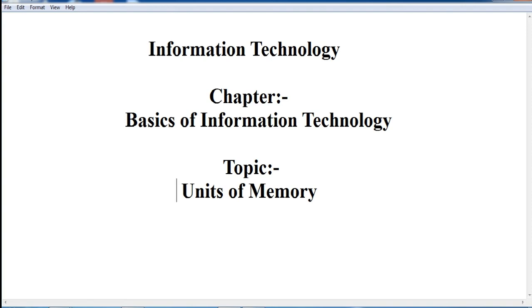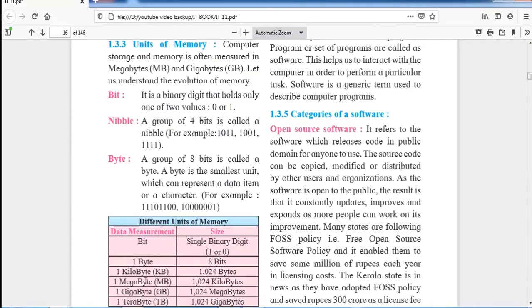Now the units of memory. Computer storage and memory is often measured in megabytes and gigabytes. Let us understand the evolution of memory. First you need to understand what a bit is. It is a binary digit that holds only one of two values, either 0 or 1.